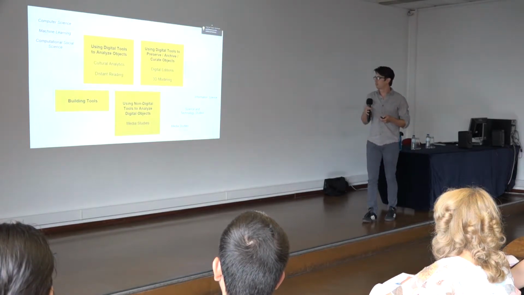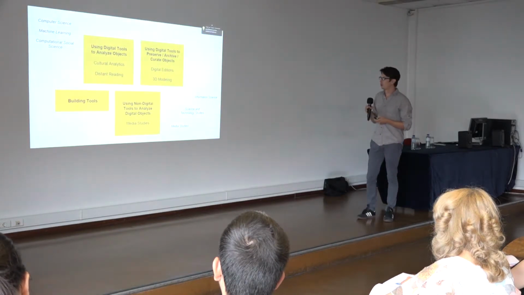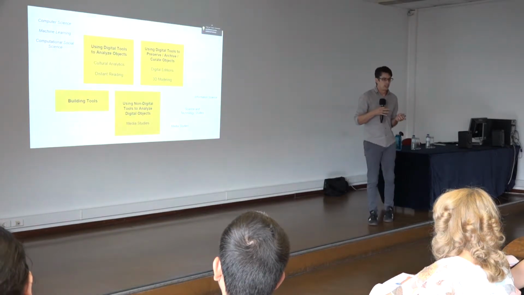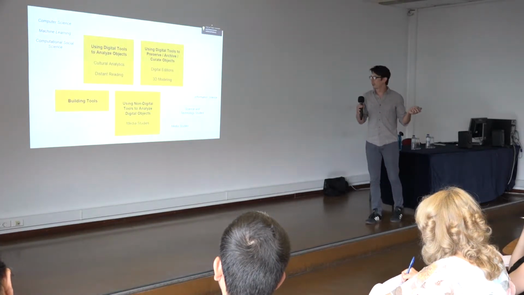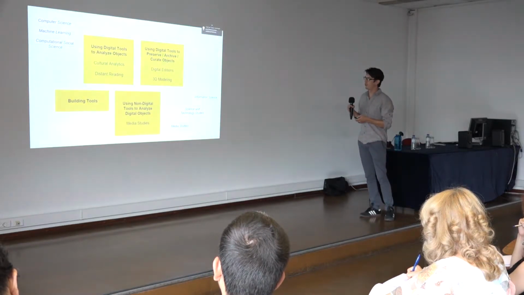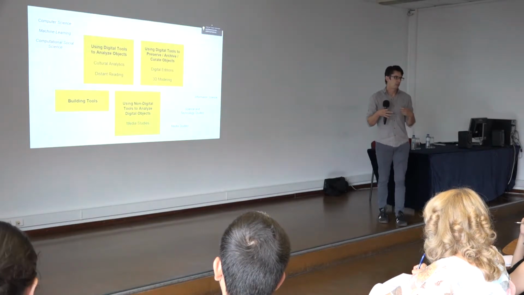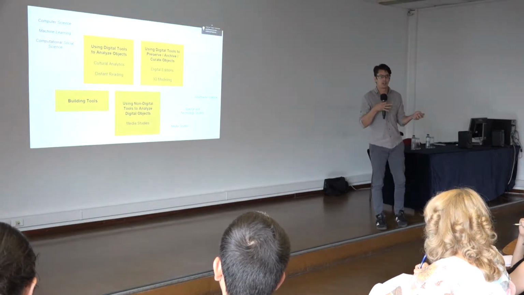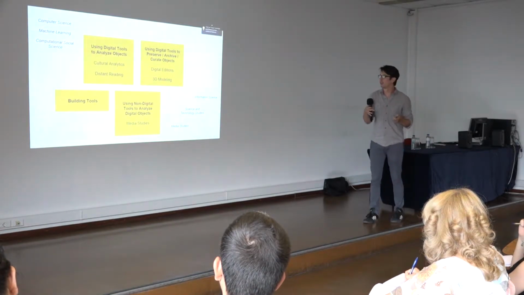Lately this is being called either cultural analytics or distant reading. And then, at least for me, a distinct activity that some of the same people are doing is building tools to do this. So not using the tools to analyze cultural objects, but looking more like a computer scientist and developing the tools that are being used.